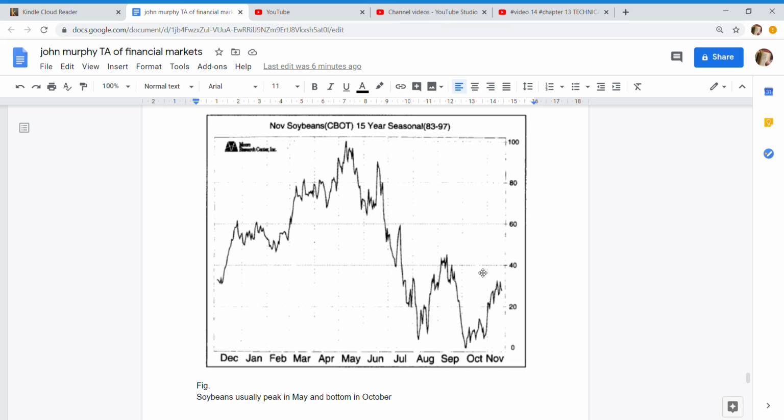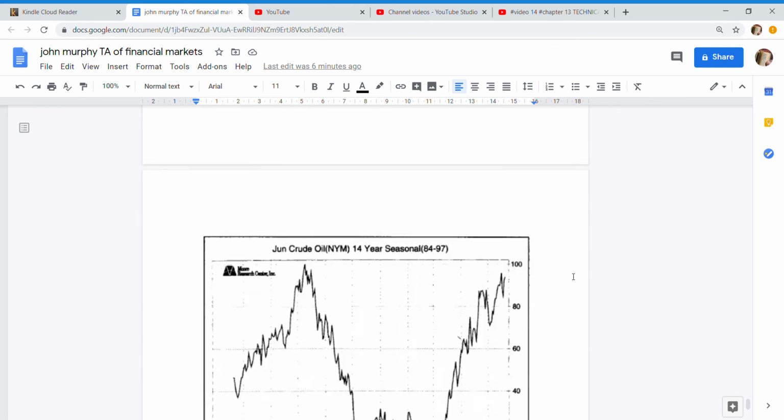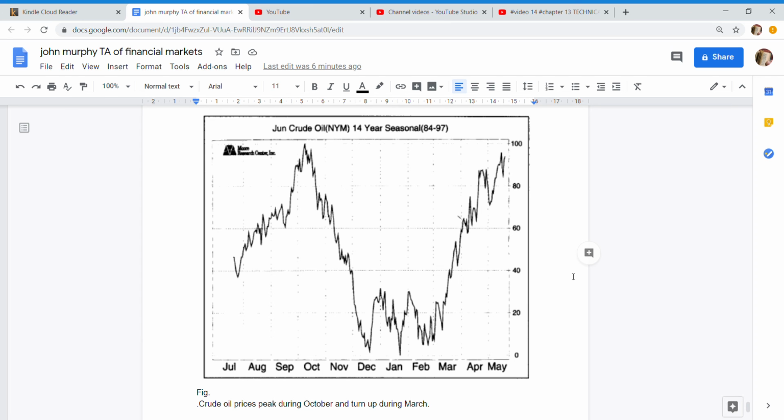Copper usually bottoms during October and February, but peaks during the April-May period. Crude oil prices peak during October and turn up during March.